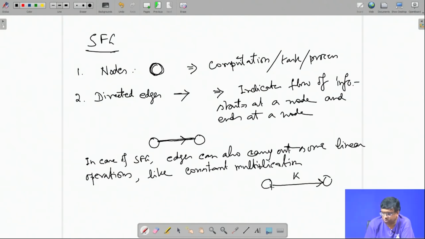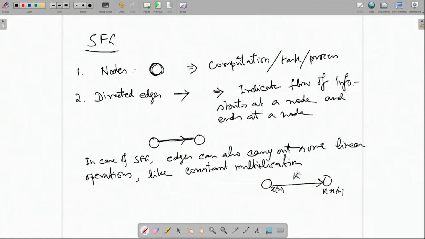So, if this node produces some sequence x(n), what will come here is kx(n). Okay. So, this multiplier, which is a linear operation, we can write by the side of the edge. So, in the case of SFG, an edge not only transmits information, but also during that time it can carry out a linear operation like constant multiplication.